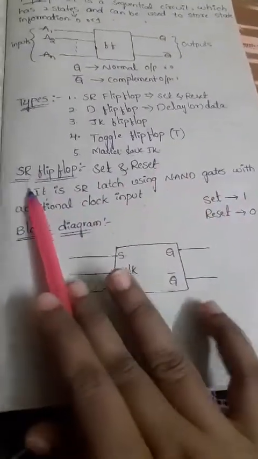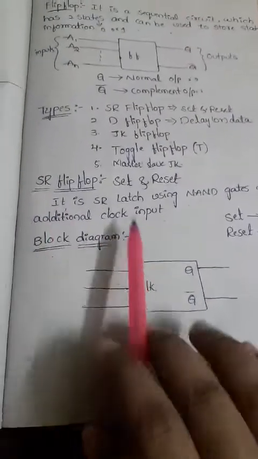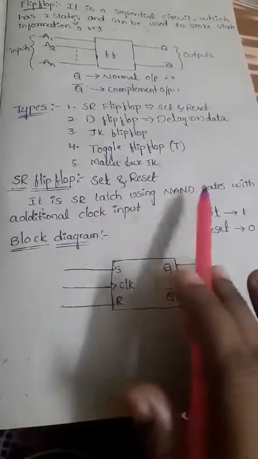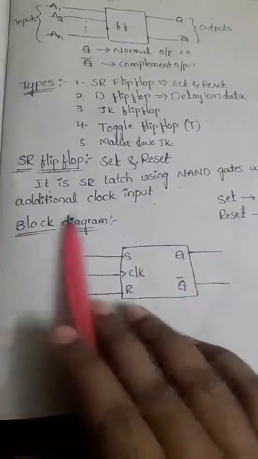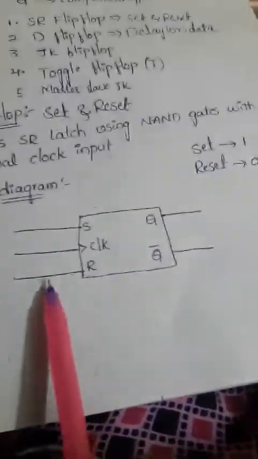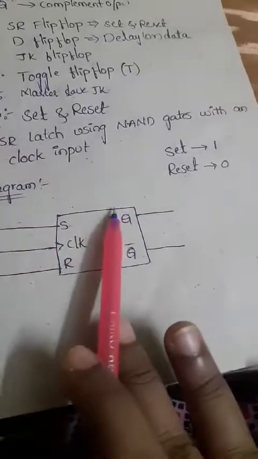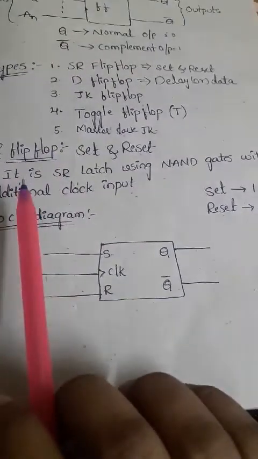Whatever circuit diagram we have for the SR flip-flop will be designed using the SR latch circuit with the help of NAND gates, and it also has one additional clock input. So here we will have NAND gates and an additional enable input, the clock signal.